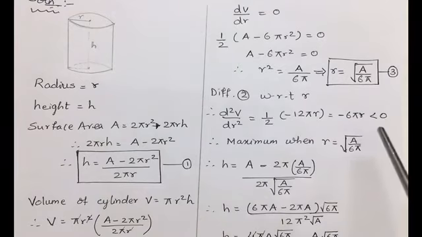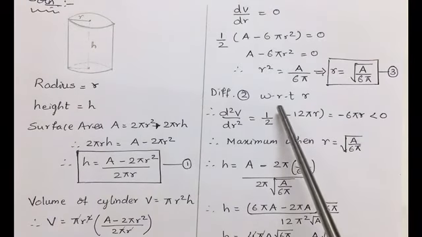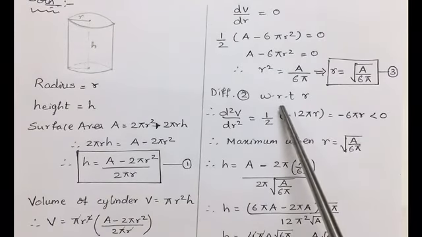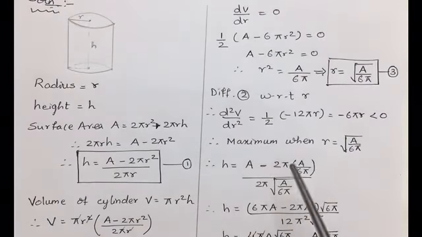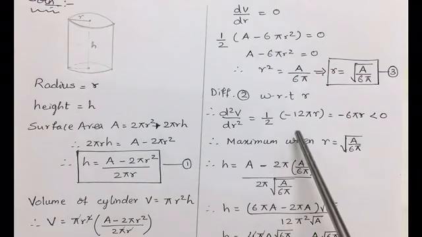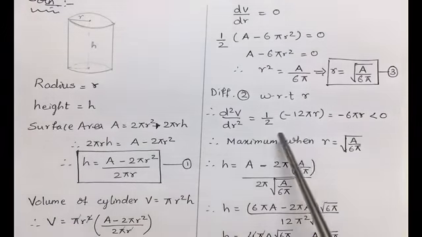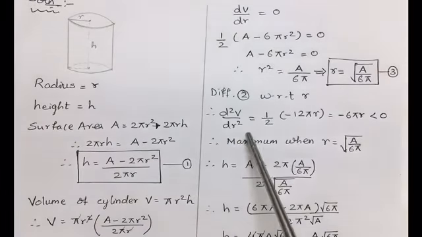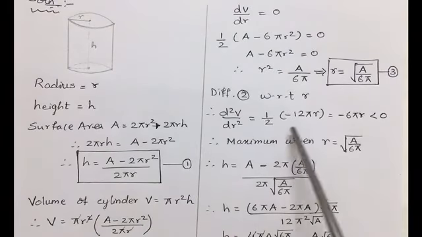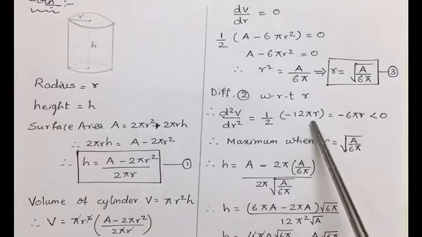Now to show that it is maximized, we have to again differentiate the first derivative to get the second derivative. So we get here d square v upon dr square is equal to half minus 12 pi r.